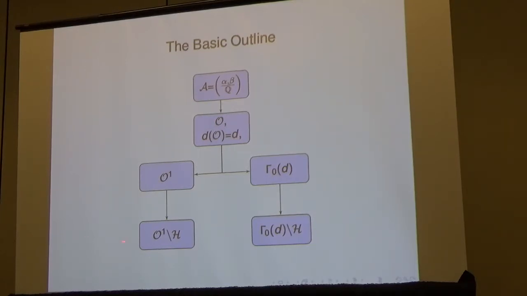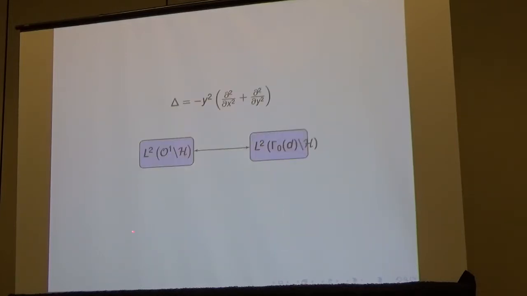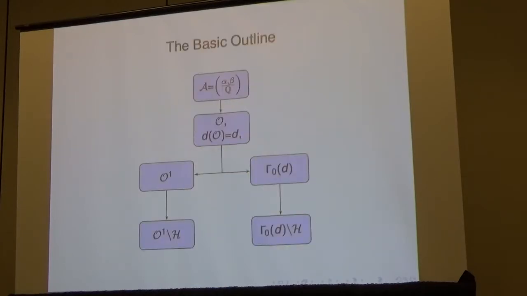And then I want to look at the spaces that are formed when I act on the upper half plane with these groups. And then I want to look at the space of L2 functions on these surfaces. And this was a question that I was asking in your case in the three-dimensional world.